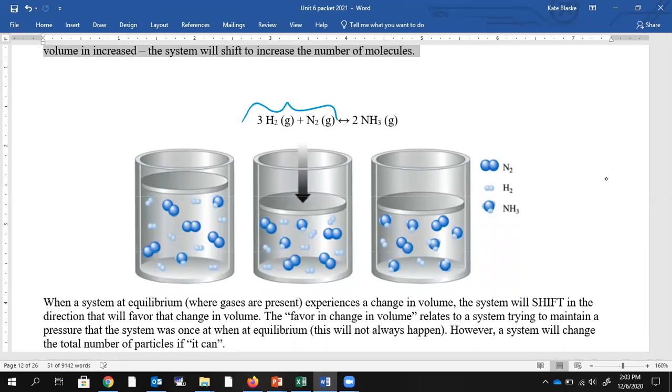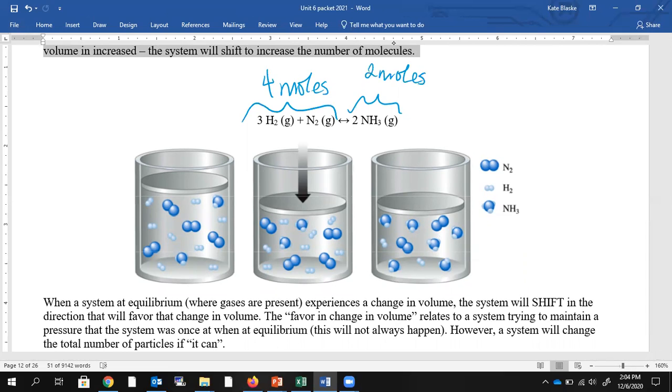On my reactant side, I've got the equivalent of 4 moles of gas of reactants, 3 moles of hydrogen and 1 mole of nitrogen. On my product side, I have the equivalent of 2 moles of gas. So if I have less space, I'm not going to be able to have all of these particles that exist on our reactants. I'm going to shift towards the side that has less particles.